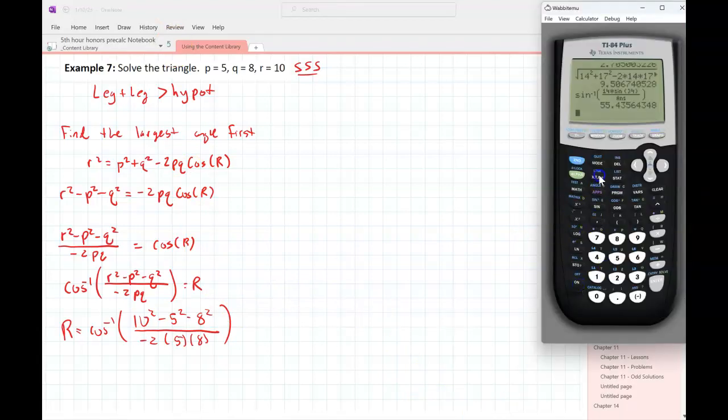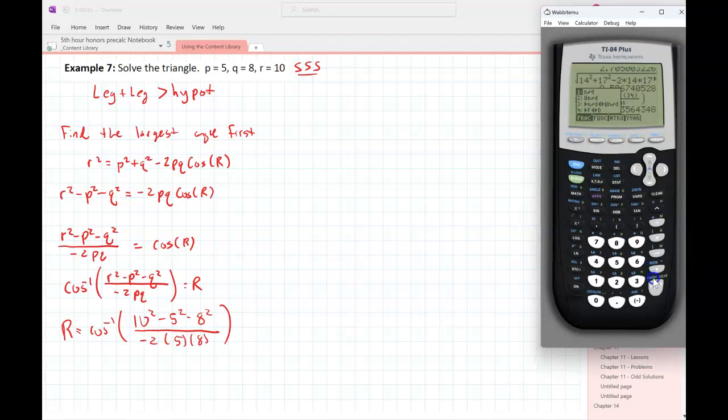As an FYI, here's a case where you definitely want to use that fraction command to enter this in because the parentheses are super annoying. So I'm going to do alpha y equals, pick the first option. That gives me the fraction bar, so I can type this in exactly like it looks on my sheet of paper.